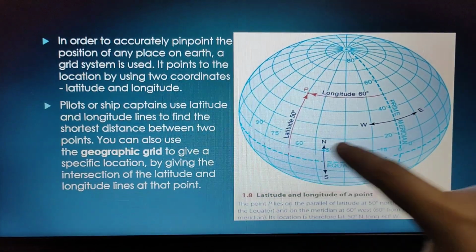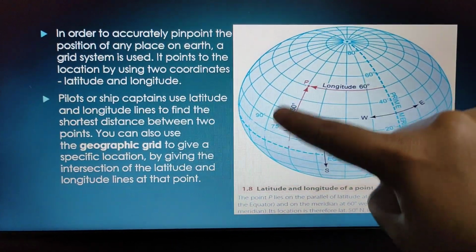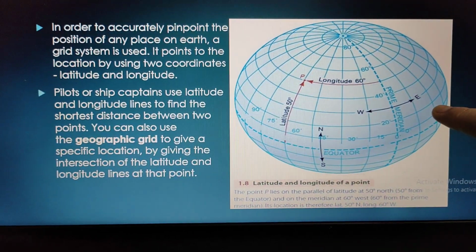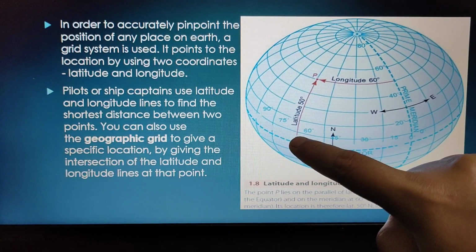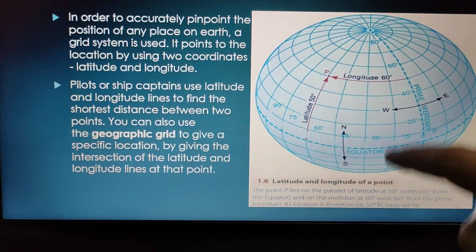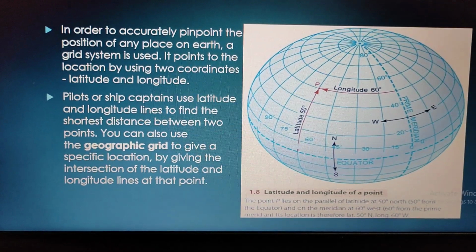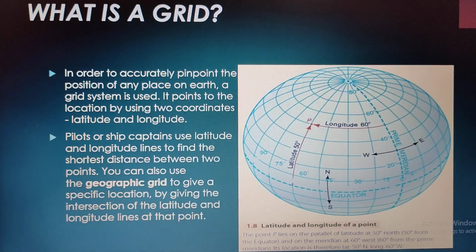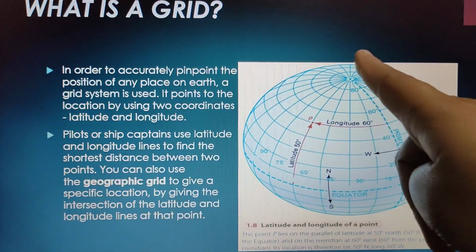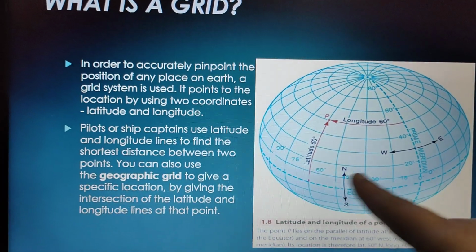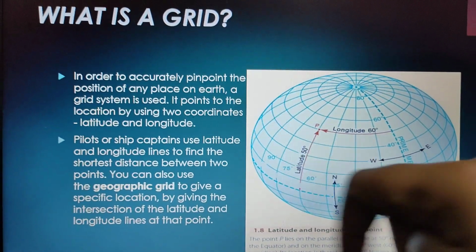Though latitudes run like this, they measure distance like this. Longitudes run like this, but they measure distance like this. Latitudes measure distance from 0 to 90 degree on both sides of the equator. Simply remember your graph, the graph which you use in your math, right? Now longitudes are running north to south, but they are measuring distance like this. So easily you can locate point P now.